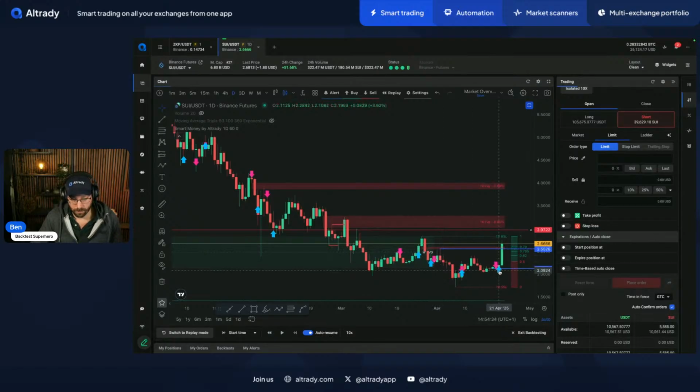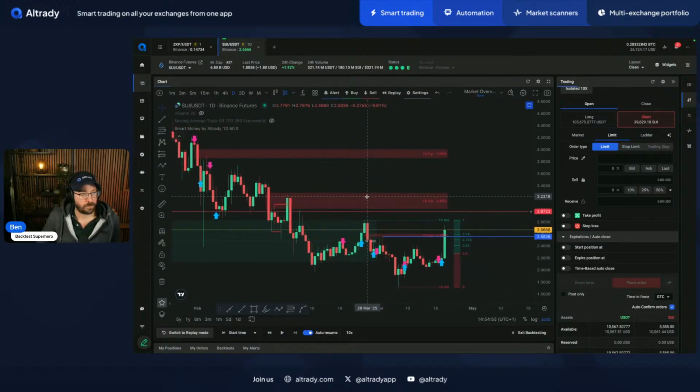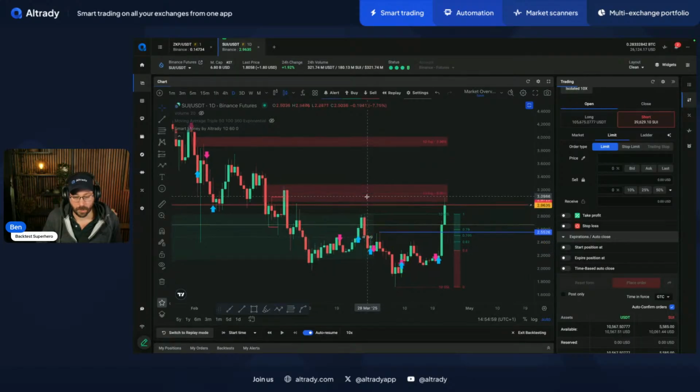Yeah, it just happened. We also had this inverse fair value gap. Exactly. So we had this liquidity in the weekly fair value gap, then we took it out a couple of times, and then we took it out again. So it's very likely that we'll reverse, or at least stay in some kind of a range, because it is slowing down.